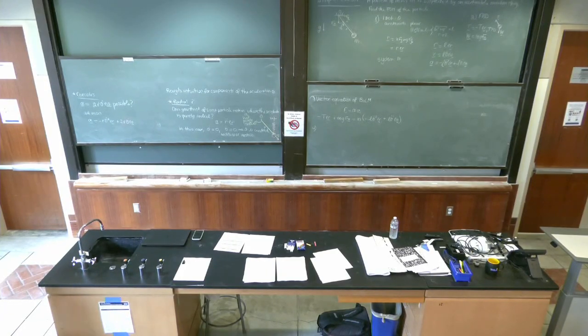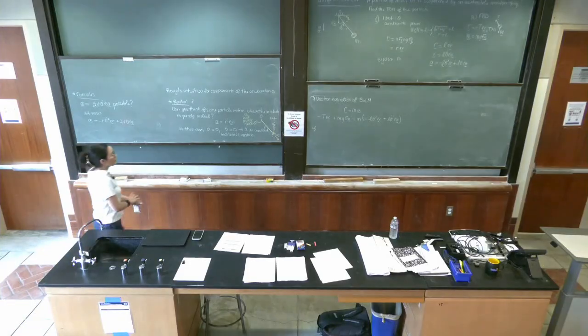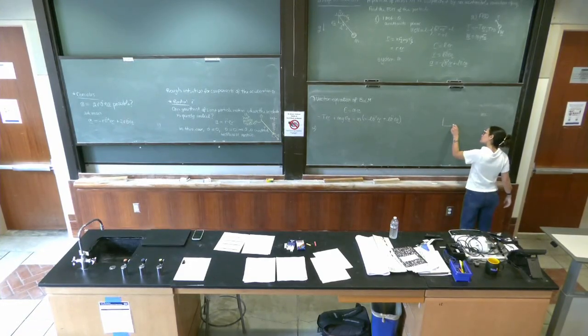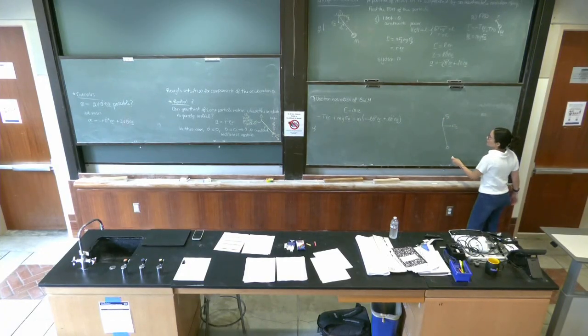But if I were to take EX and EY pointing up, and the string is over here, then this is ER, and E theta is in which direction? Like this?